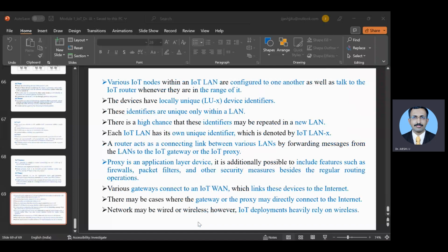Then we discussed layered network models. Then the emergence of IoT we have seen, including the introduction and the evolution of IoT, from ATM to UAT, how it has evolved.